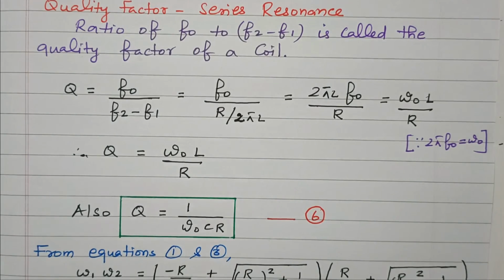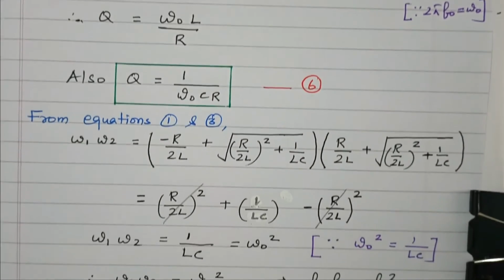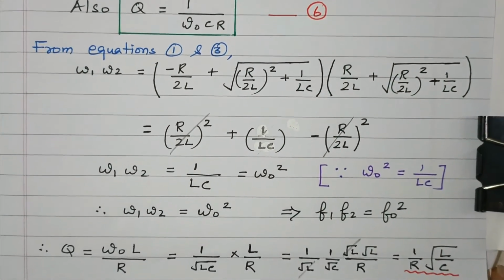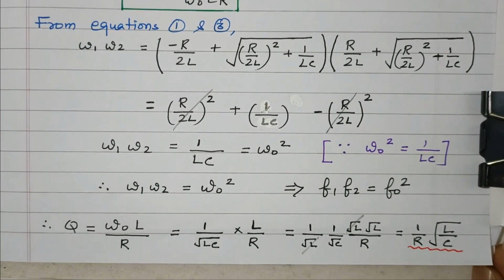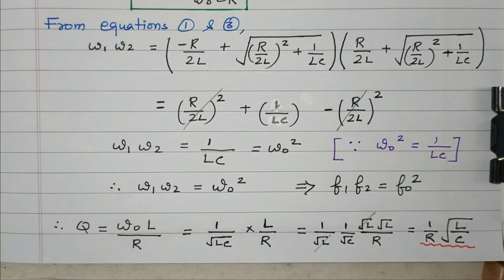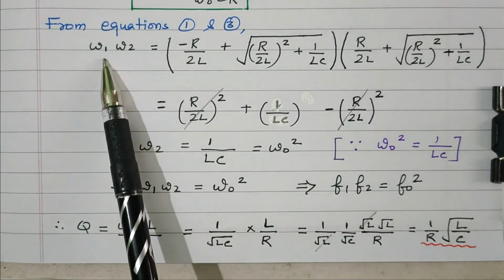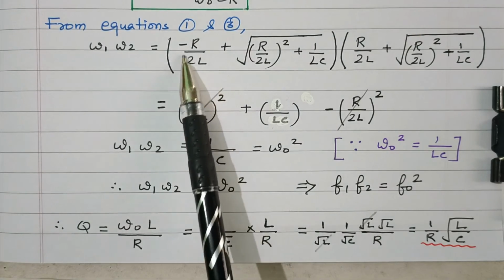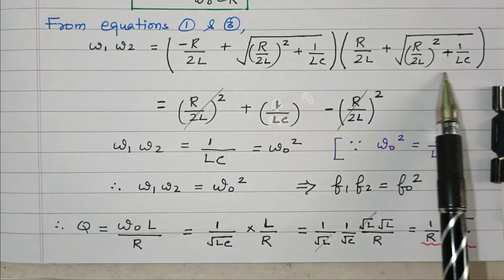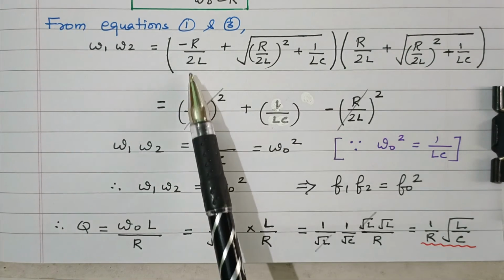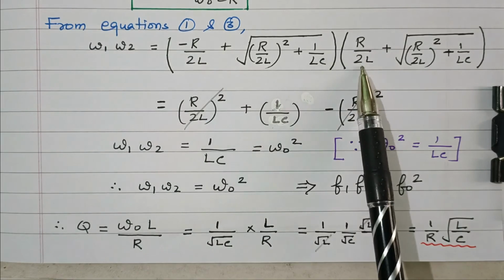From equations 1 and 3, we already have the two equations, omega 1 and omega 2. From that we can go for one more expression: omega 1 into omega 2. This is omega 1 and this is omega 2. The difference is minus R by 2L and here plus R by 2L.